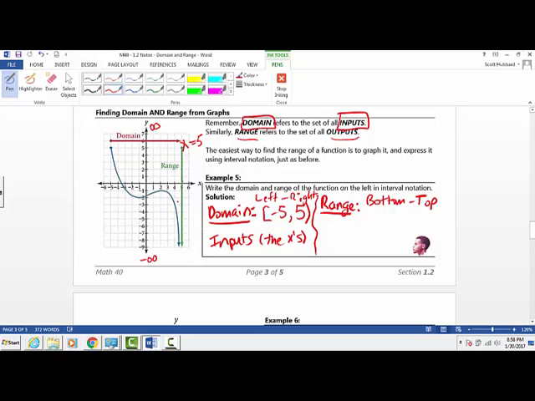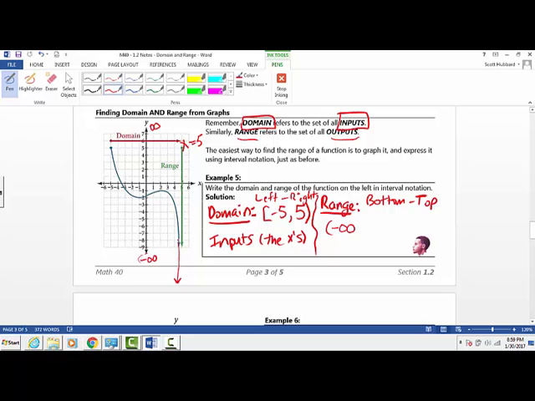Going bottom to top, this graph looks like it goes all the way down. It doesn't show it, but that arrow is telling us that it goes forever and ever. If it goes all the way down as low as you can go, we call that negative infinity. So this graph, the outputs start at negative infinity. So it goes all the way down.